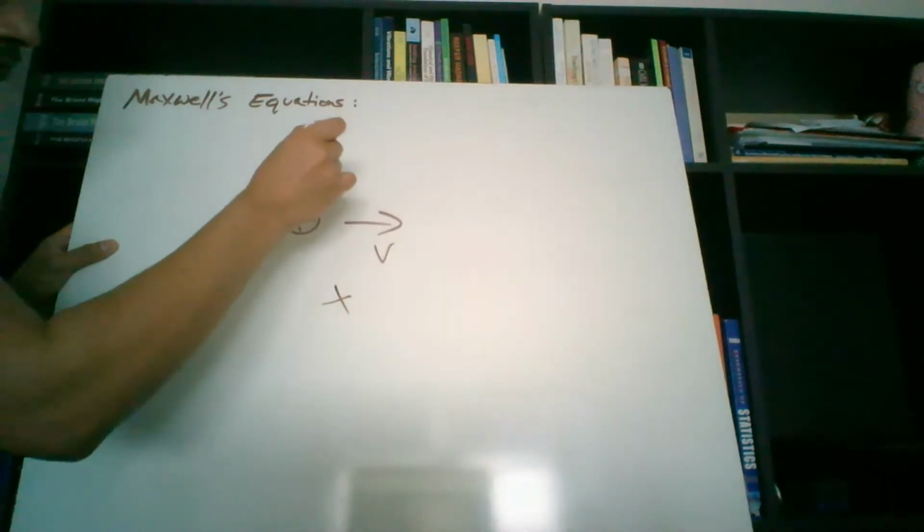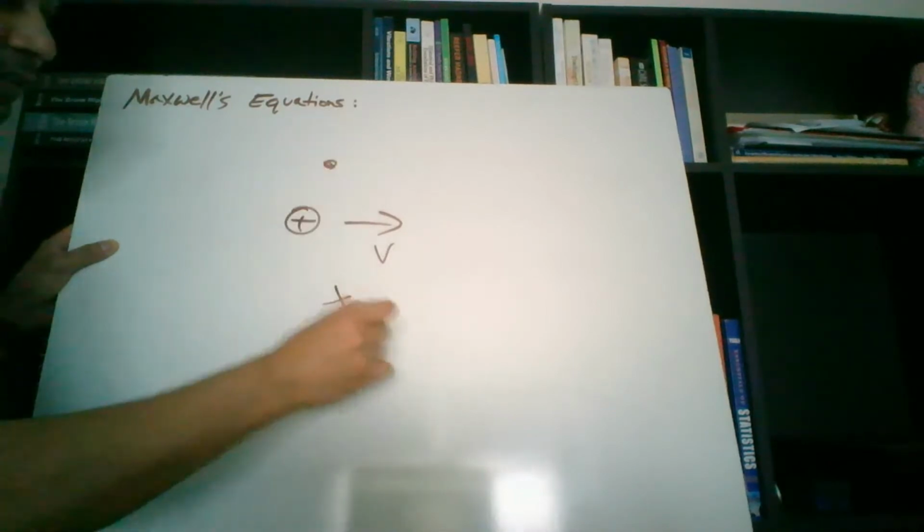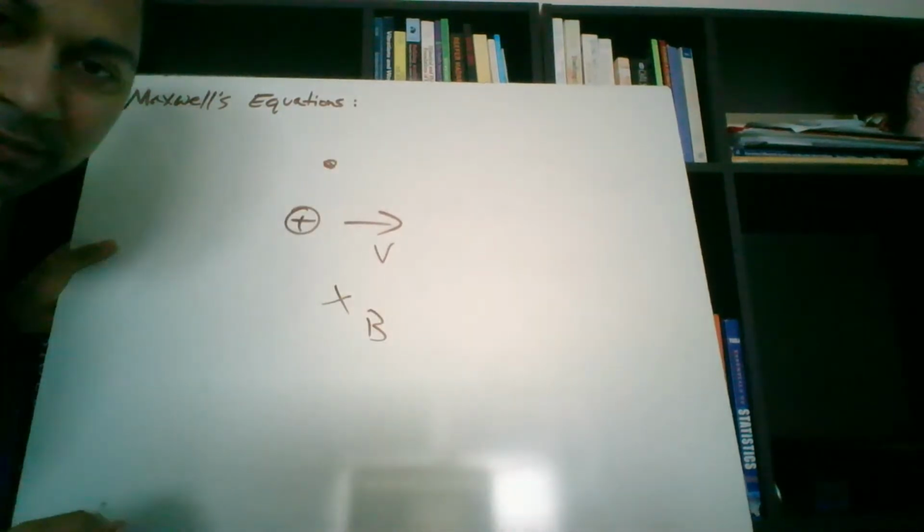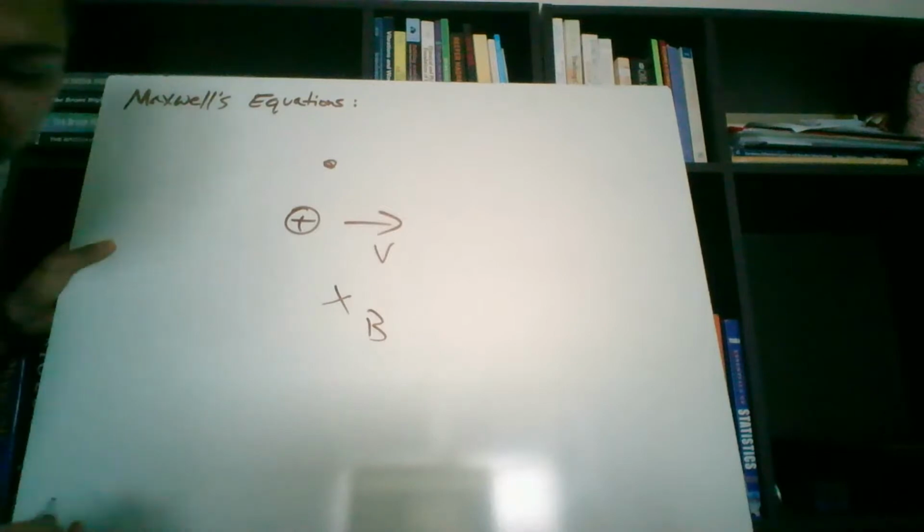So this moving charge, let's see here. If the current's going this way, it'll create a magnetic field sort of like this, going in, going out, like that. So a moving charge will create a magnetic field.